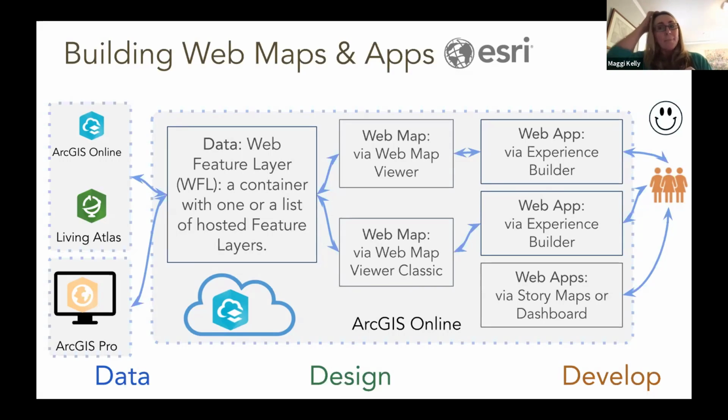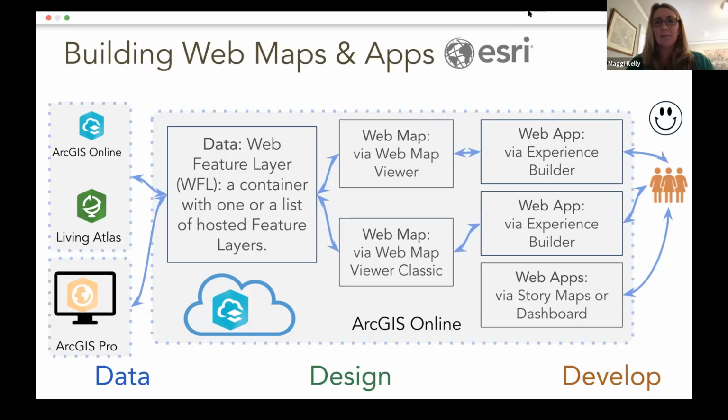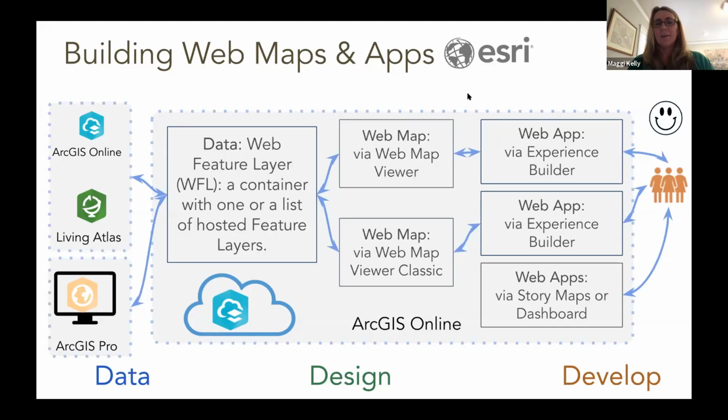And that web map, Esri does not make this easy. You can do it one of two ways. You can create your web map in the Map Viewer, or you can create your web map in Map Viewer Classic. They're both lovely, but, you know, they do change their software. So there's two ways to create a web map.